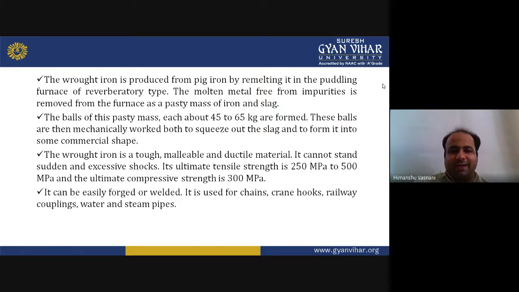It cannot stand sudden and excessive shock. It can be easily forged or welded, and it is used for chains, crane hooks, railway couplings, and water and steam pipes. So it has its own applications.